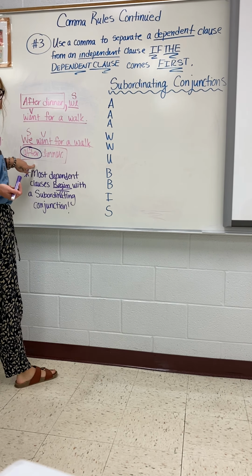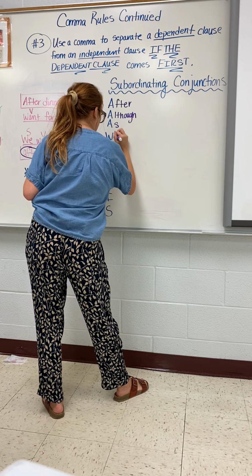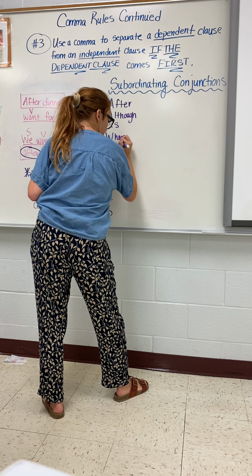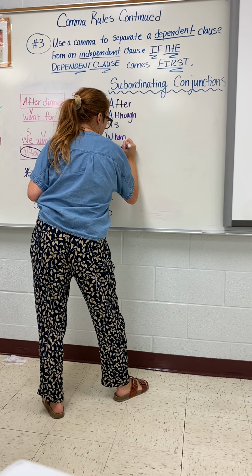Well, what are they? So here is an acronym. We had fanboys for our coordinating conjunctions. Subordinating conjunctions, it's AWUBIS, and it's a little longer, but after, which we've already practiced with, although, as, when, while, excuse me, I about left that one off. See, I wasn't paying attention.